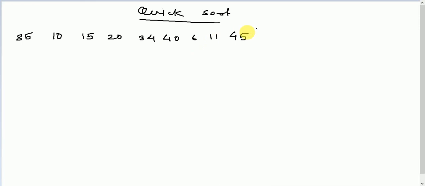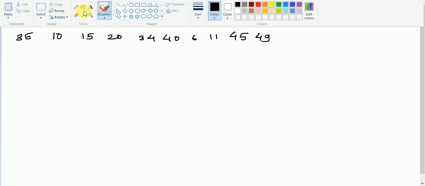And I'll take one more element, let's say 49, and I have to apply quicksort on this. First of all let us understand the process, and then we'll see how to convert it into C implementation. Don't worry about the code.